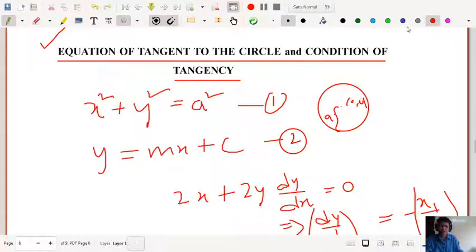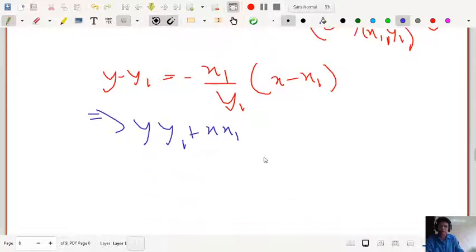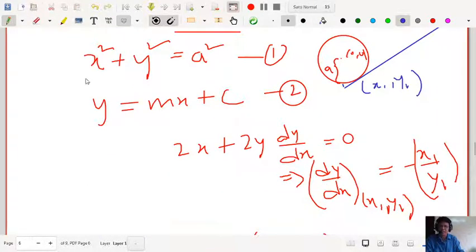So this is the point (x1, y1), and you need to find out the tangent. If you simplify, y y1 plus x x1 equal to x1 square plus y1 square, and x1 square plus y1 square also satisfies this because (x1, y1) lies on the circle.